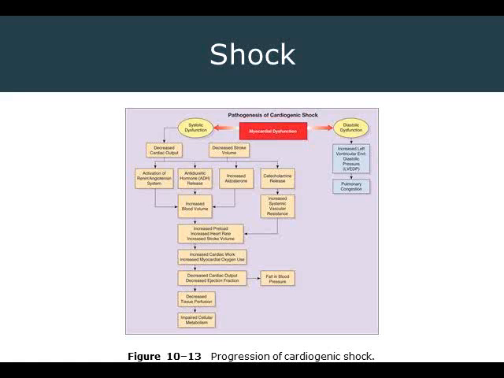So number one, when we get this myocardial dysfunction, so we'll say we've had a heart attack, part of our heart muscle died. We can have systolic dysfunction, which is a decrease in cardiac output. And that decrease in cardiac output also is a decrease in stroke volume. Those two things come from the systolic side of things, or the heart at work.